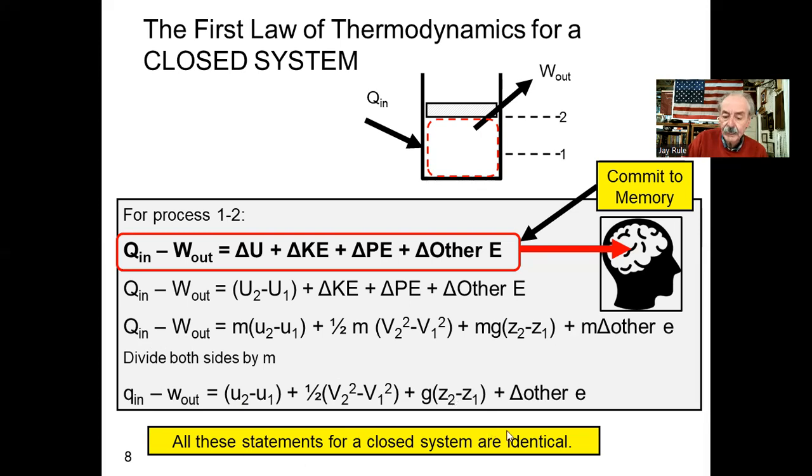So all these statements for a closed system are identical. So I suggest you memorize the top one, the most important one, and then be able to derive all the rest.